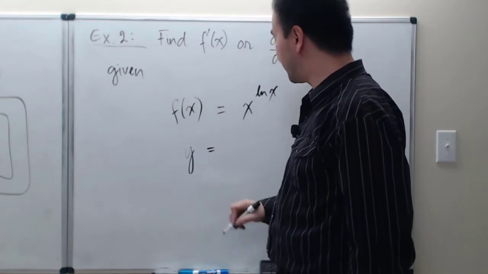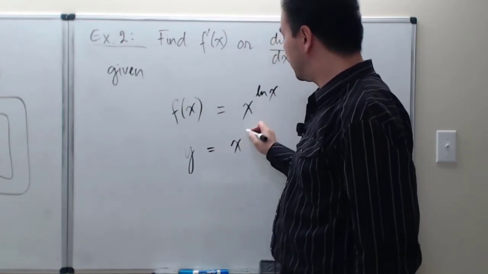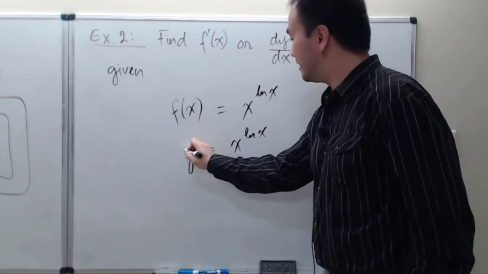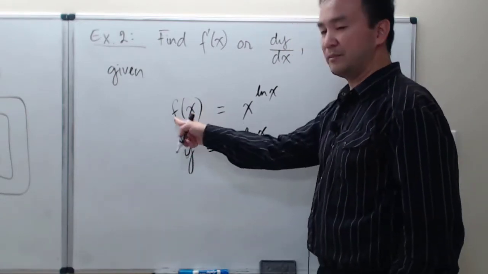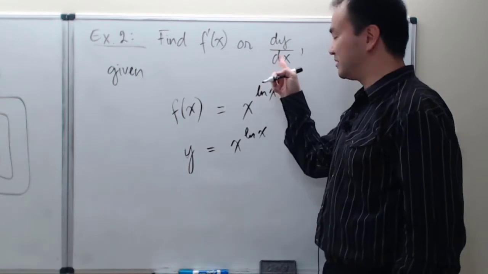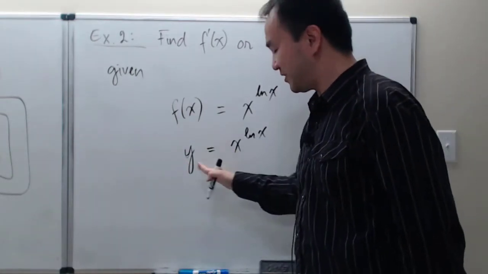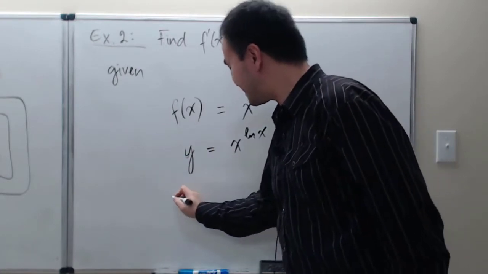So now I'm going to rewrite it as y equals x to the natural log of x. In the end, we don't have to worry about the f prime symbol, but now we will look for the dy dx symbol.